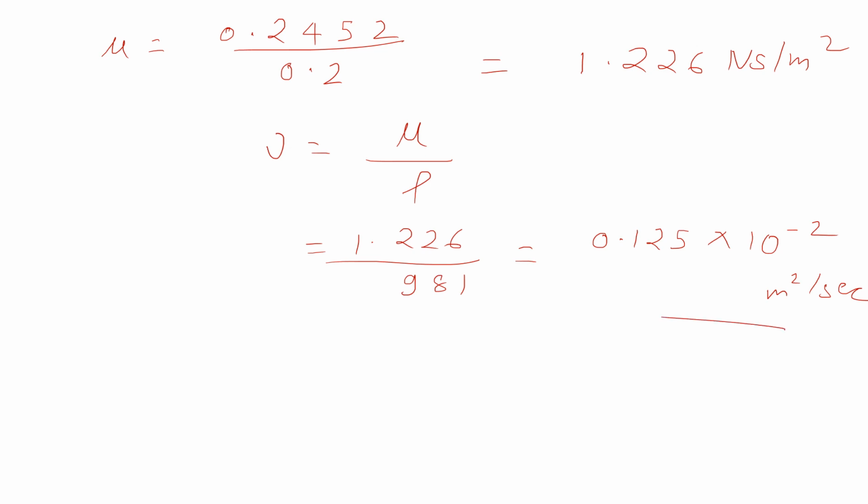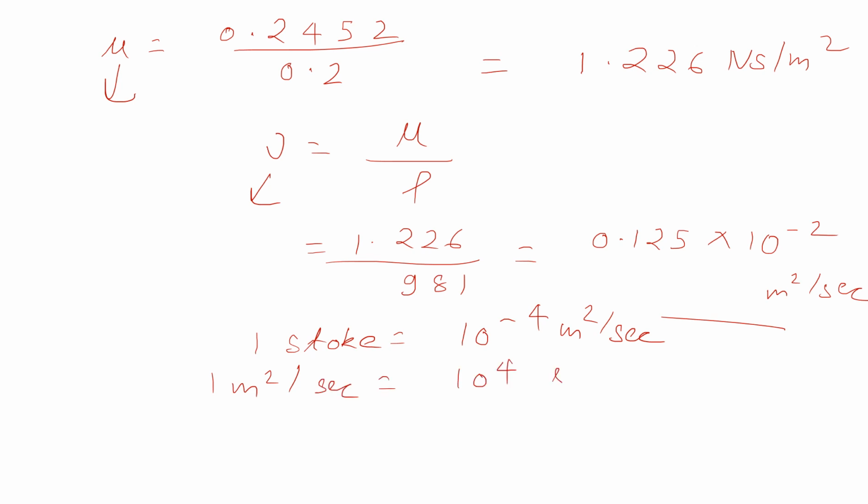So this is our answer, but we need to convert it to the unit of kinematic viscosity, and we write kinematic viscosity in Stokes as we write dynamic viscosity in poise. So we will convert this unit into Stokes, and in 1 Stoke we have 10 raised to power minus 4 meter square per second. So 1 meter square per second is 10 raised to power 4 Stokes.